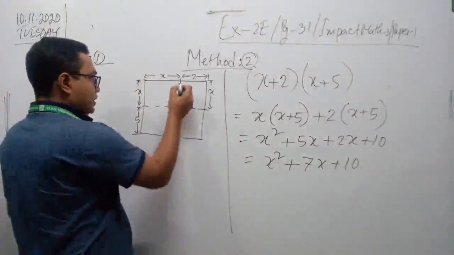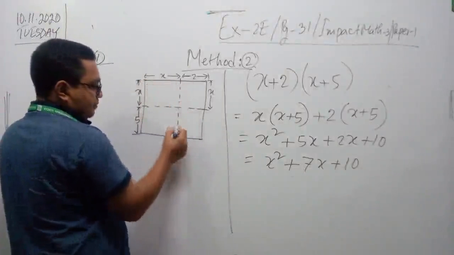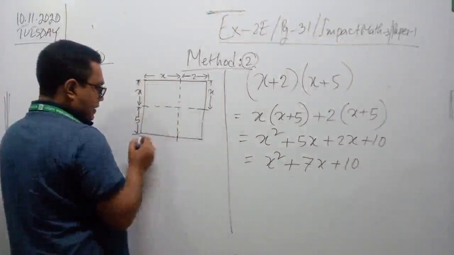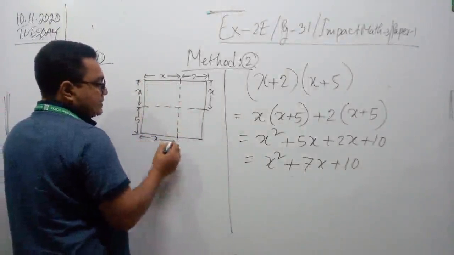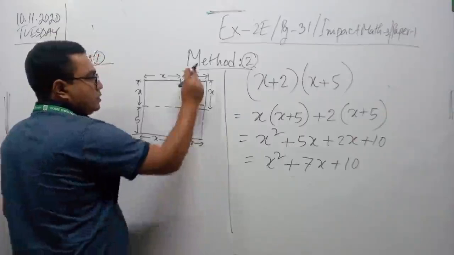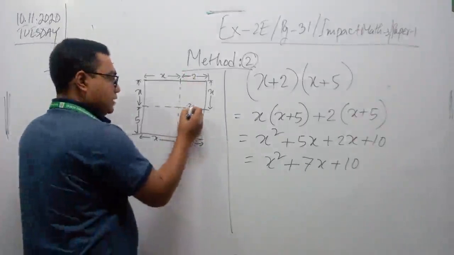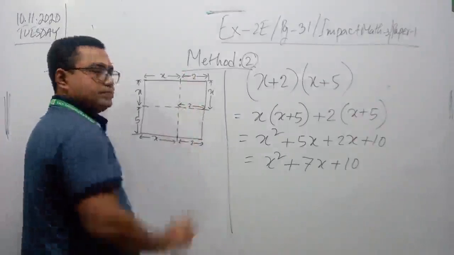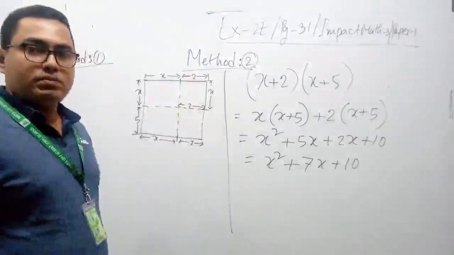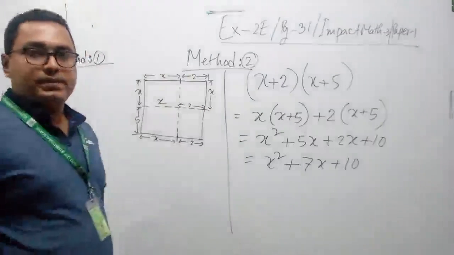And if this one is x, that one must be x, and here it is 2, because this part is 2. This part is also 2. If this one is x, that one will be x.